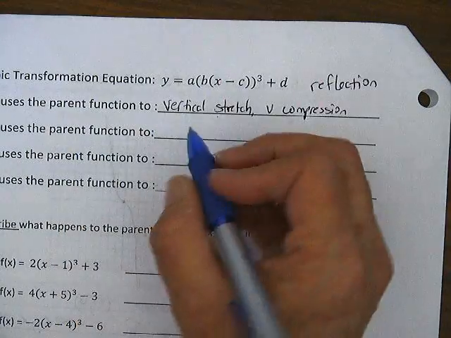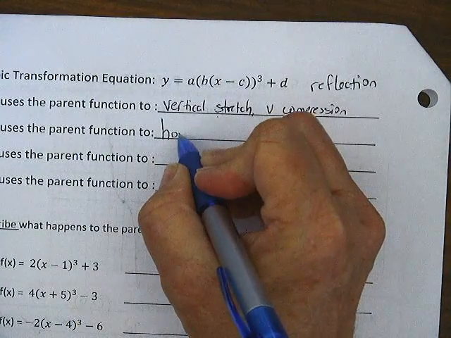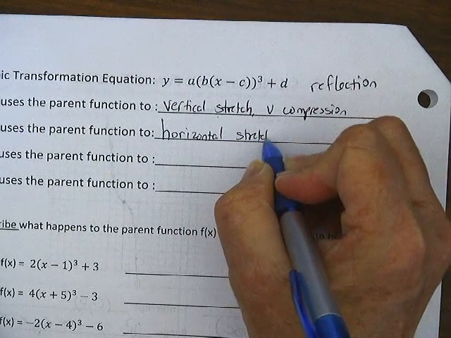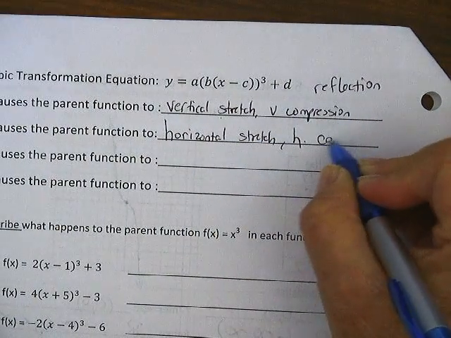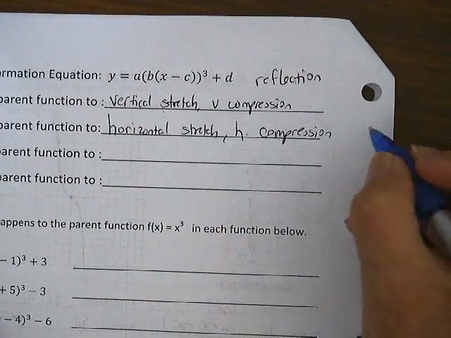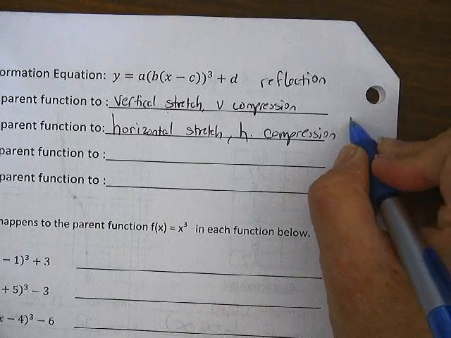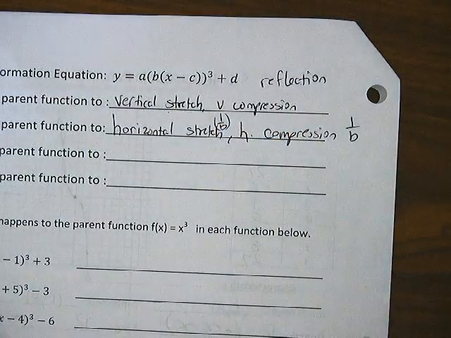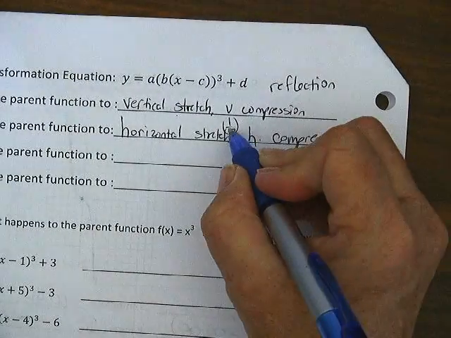B causes the parent function to have a horizontal stretch or horizontal compression, and it's by a scale factor of 1 over b. We will investigate that a little bit more in tomorrow's class.